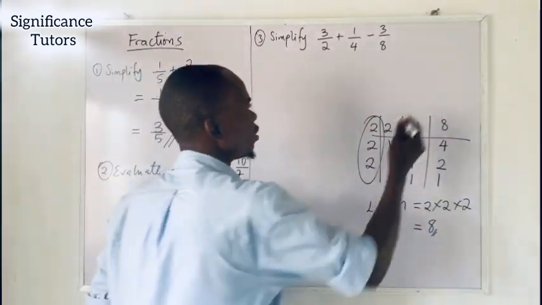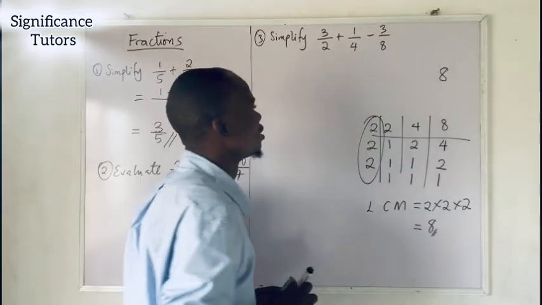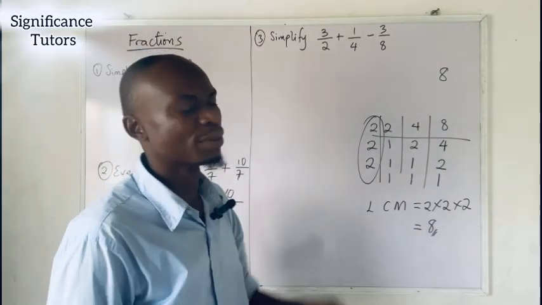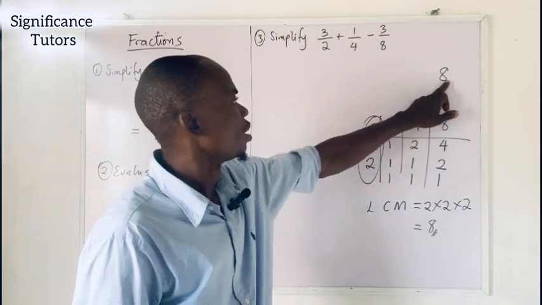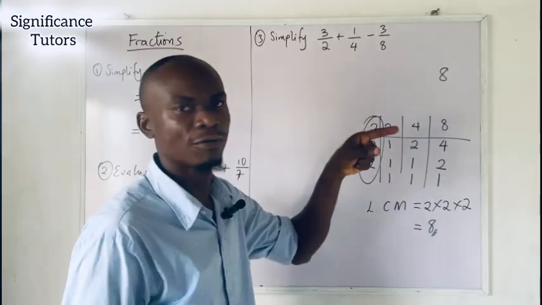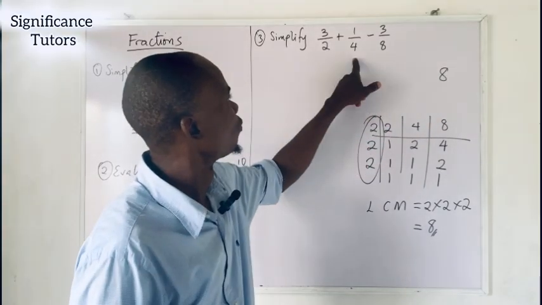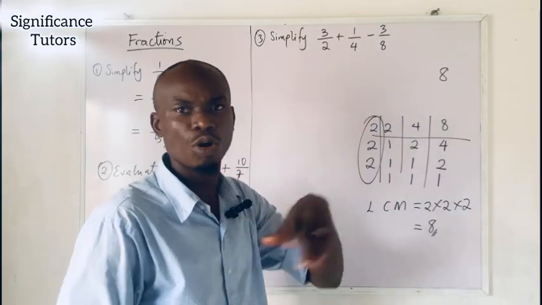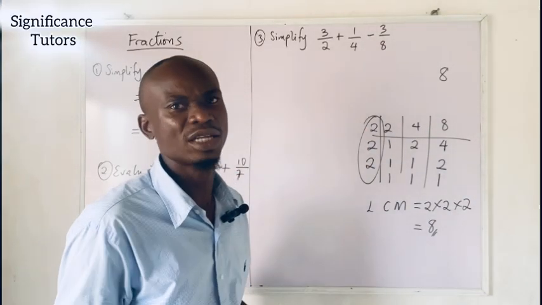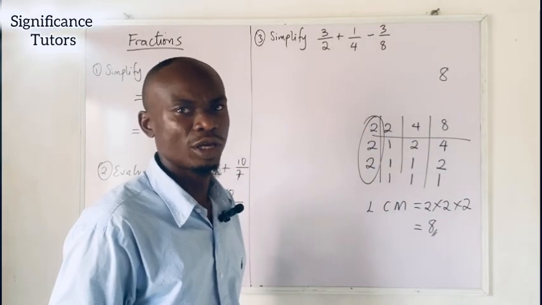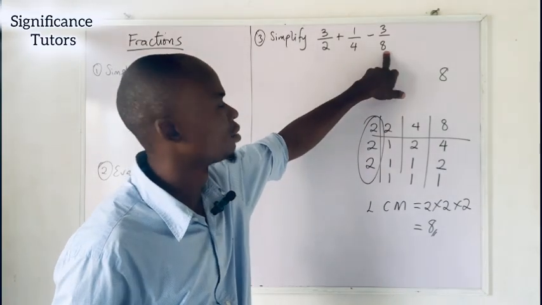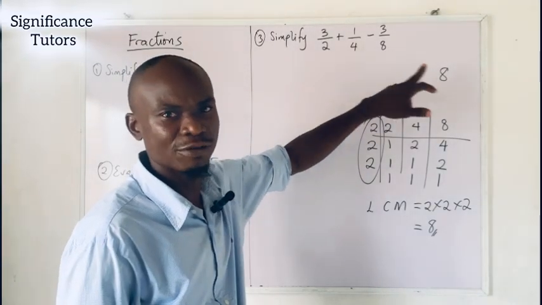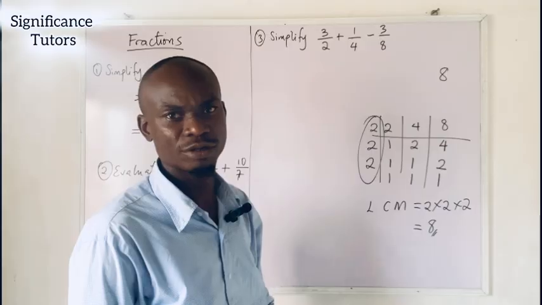So I will ask myself, since the highest is 8, can it be divided by the other numbers? 8 divided by 2 is 4. 8 divided by 4 is 2. 8 divided by 8 is 1. So all of them can divide it. So that is our LCM. Anytime we pick the largest number and every other number can divide it, that's our LCM.